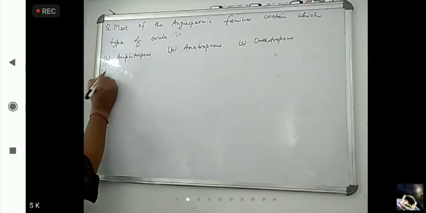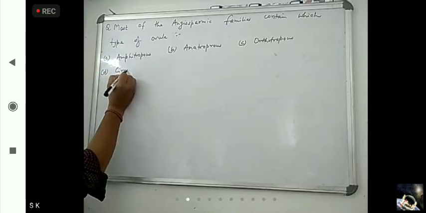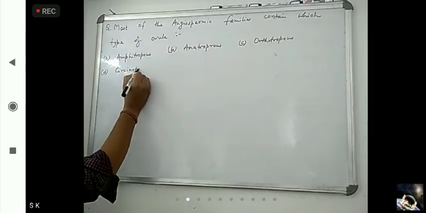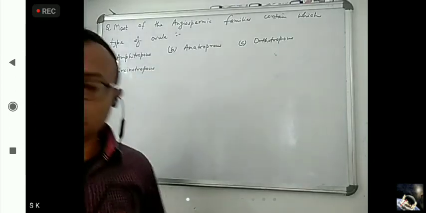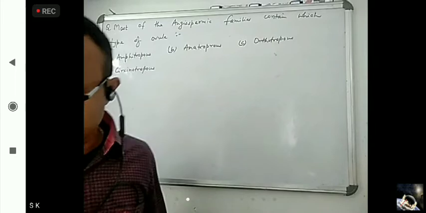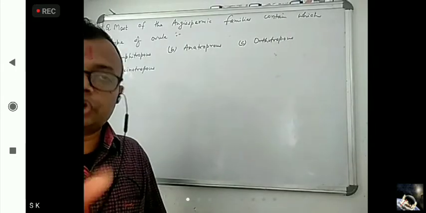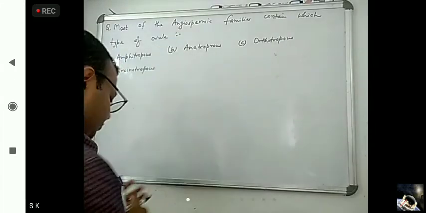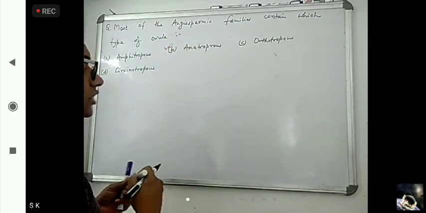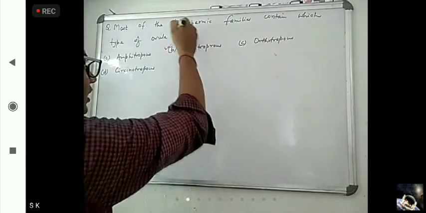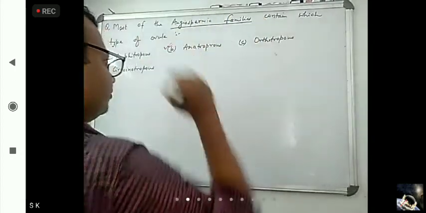Next is Circinotropous. So what will the answer? Tell me. Already we discussed. It is Anatropous. So Anatropous is the ovule type that contains most of the angiospermic families.